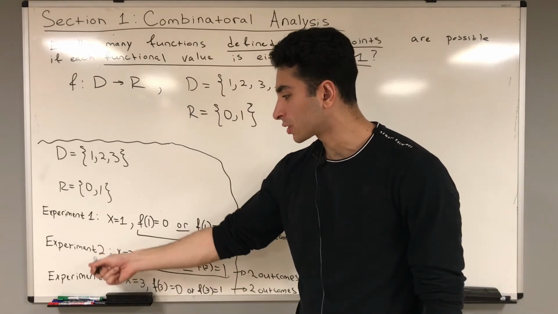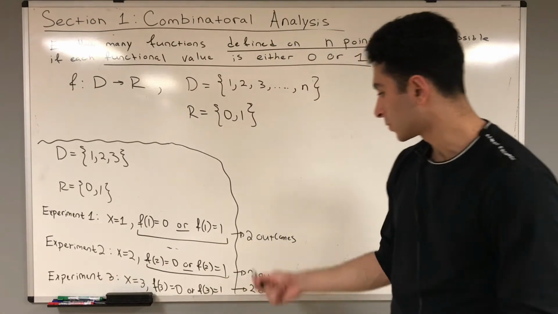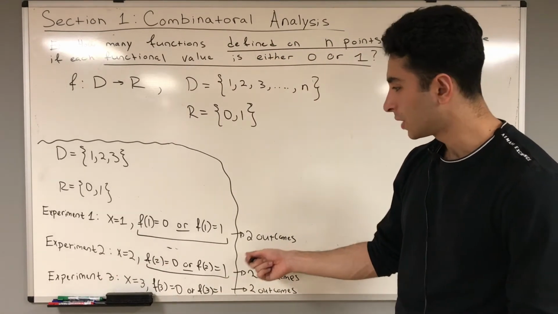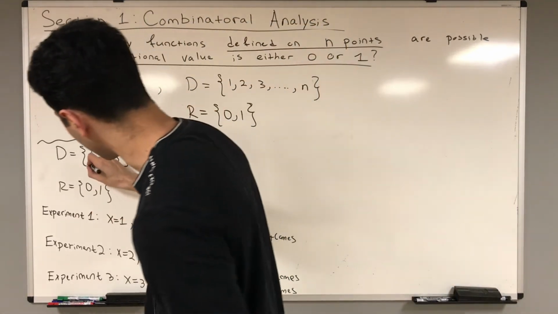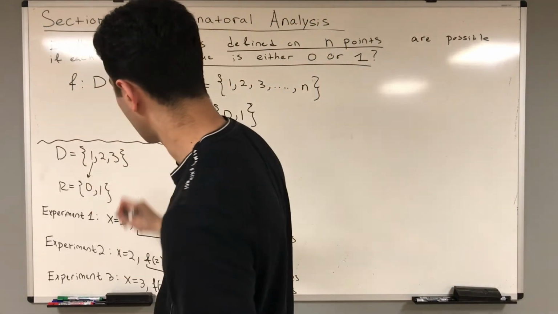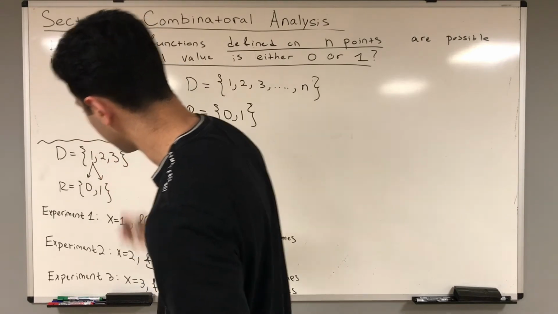We have to find the outcomes for each experiment. 2 outcomes for experiment 1, because f of 1 can equal 0, think of the dice example, or f of 1 can equal 1.